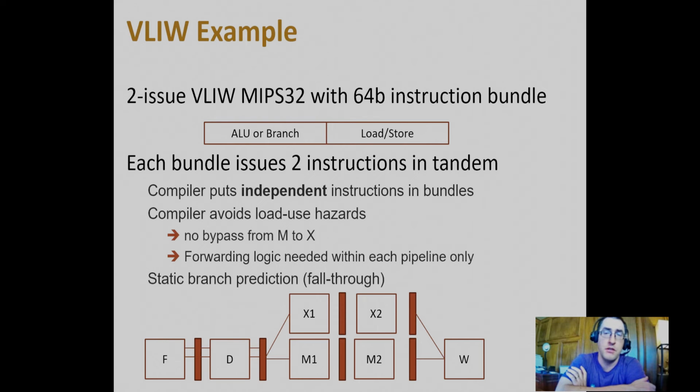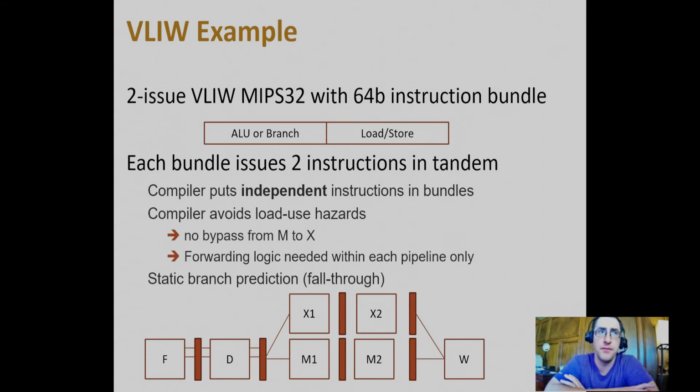So you can't put 2 R format instructions into one bundle. You can't put 2 memory instructions into one bundle. The compiler has to follow this rule. If it doesn't, then the processor will break. By break, I mean it'll raise an exception and stop fetching instructions.